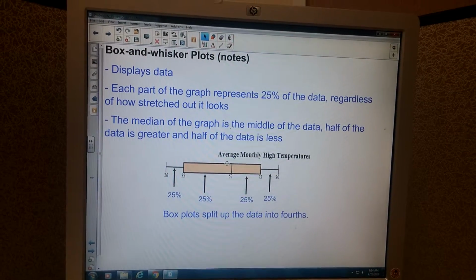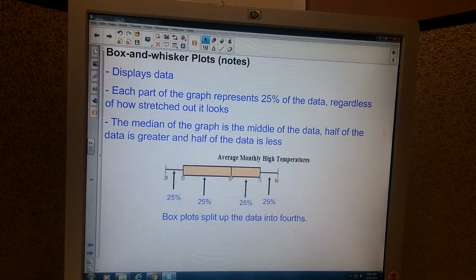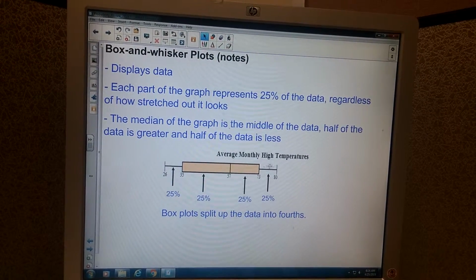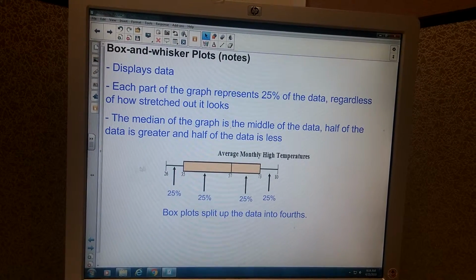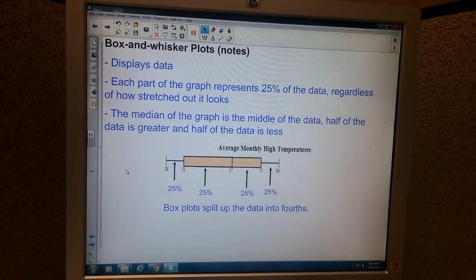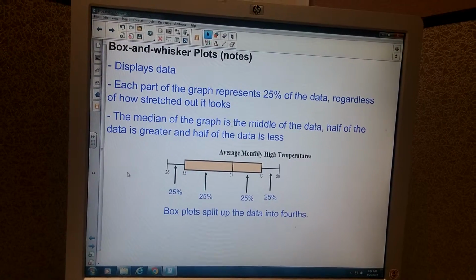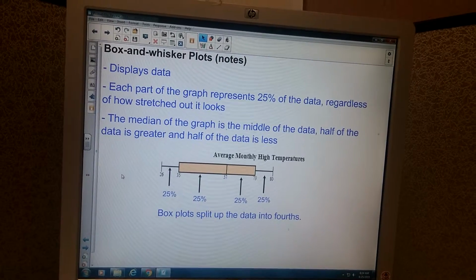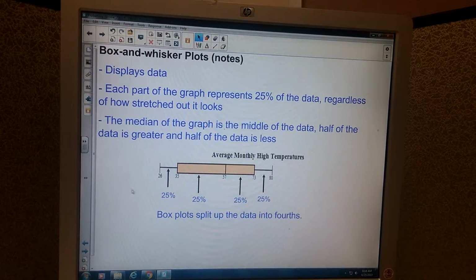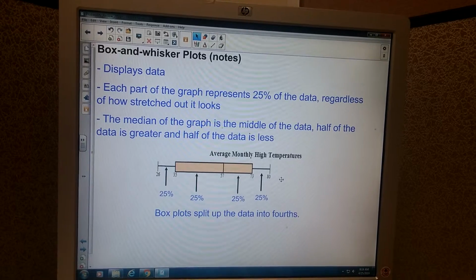So in this graph, we're talking about the average monthly temperatures. So half of the temperatures are more than 57 degrees, and half of the temperatures are less than 57 degrees. And with box and whisker plots, we don't know how many temperatures are included in this data. We don't know that information. Things we know: the lowest is 26, the highest is 80.